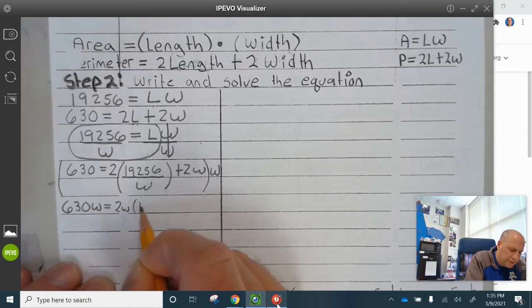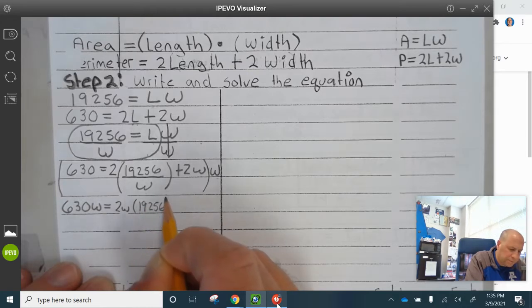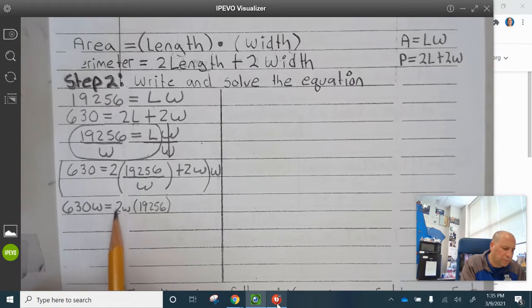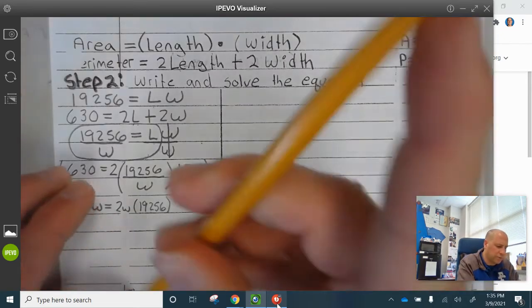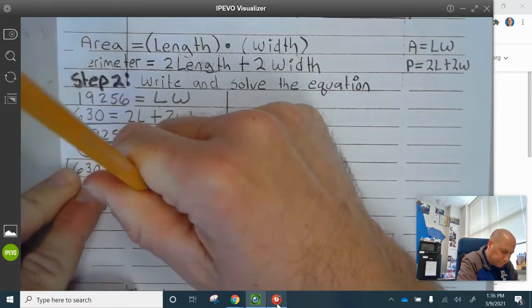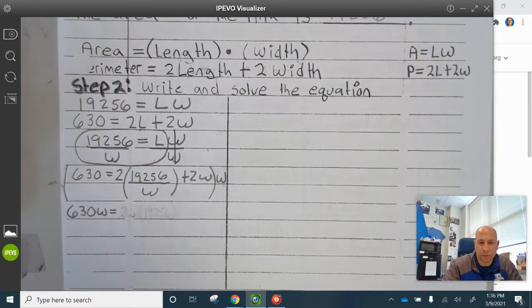times 19,256, which we can actually, this isn't wrong, but let's go ahead and multiply the 2 times 19,256. Okay, so let's go ahead and do that.